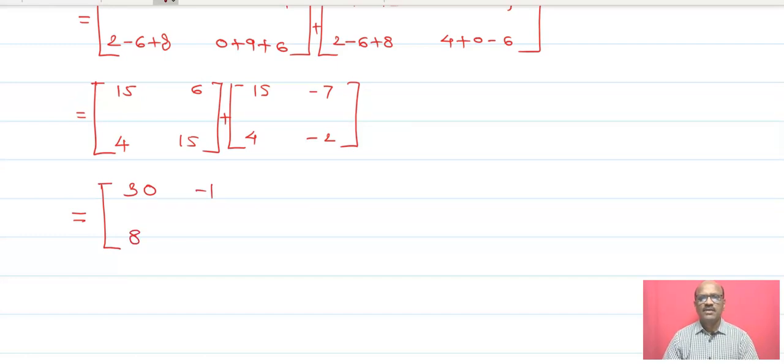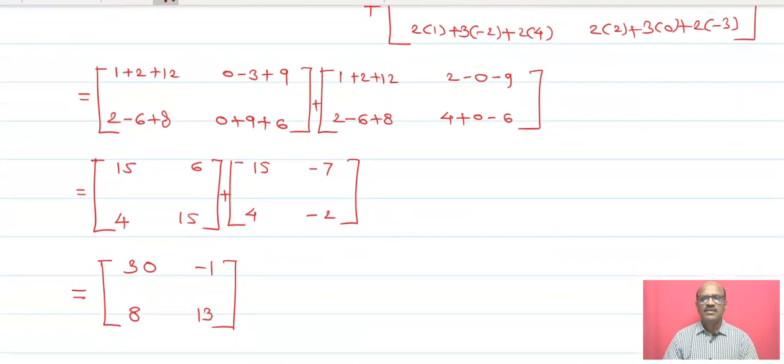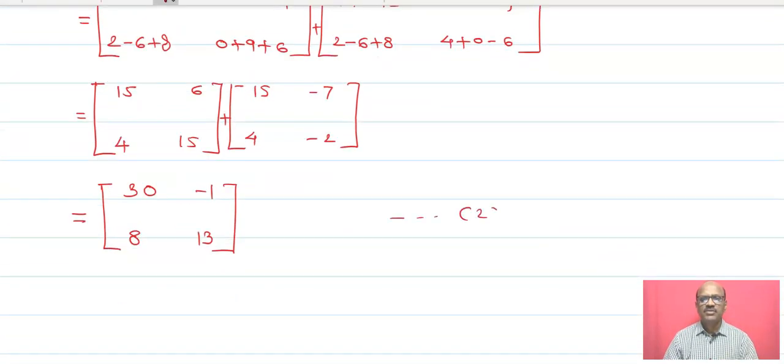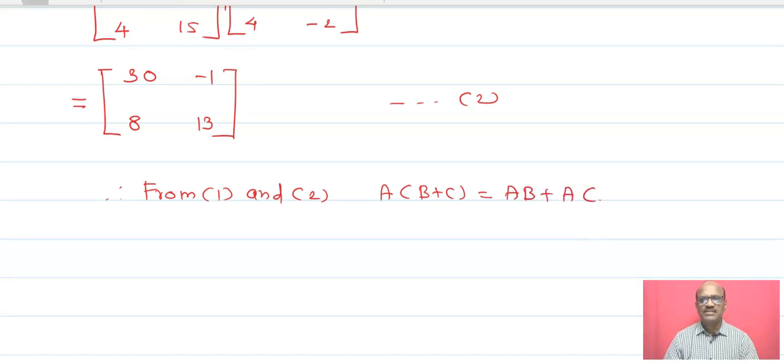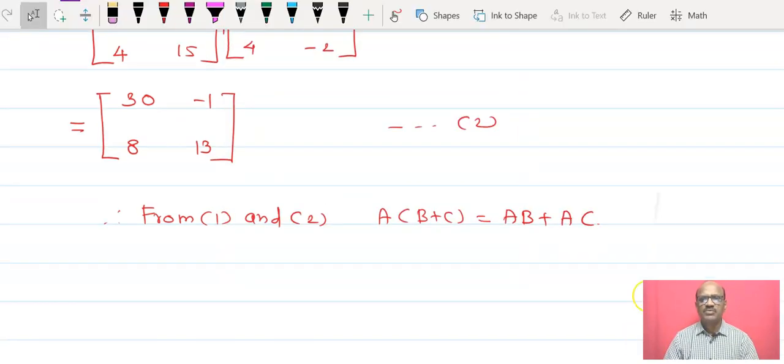Therefore, 30, minus 1, 8 and 13. Now see this, this is number 2. Therefore, from 1 and 2, we have A(B + C) = AB + AC, and hence it is proved.